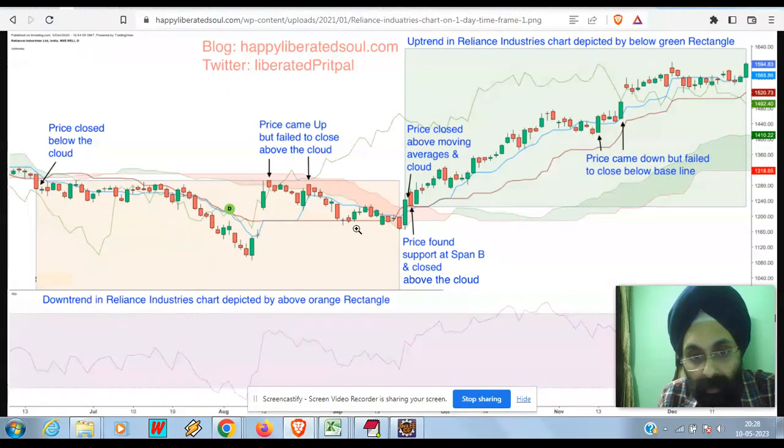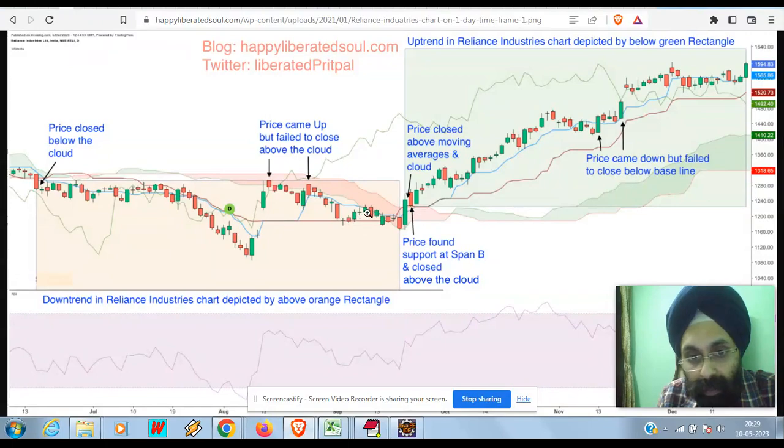a number of more red candles, and if you look at the shape of the cloud, it is moving down, and accordingly, as long as the price is below the cloud, price is also moving down.